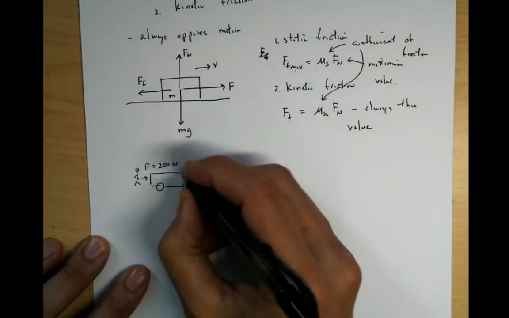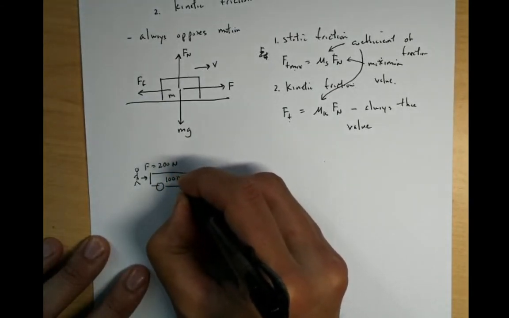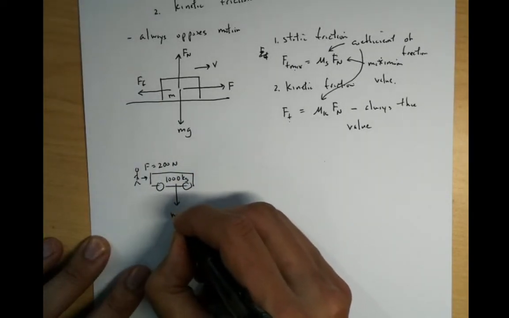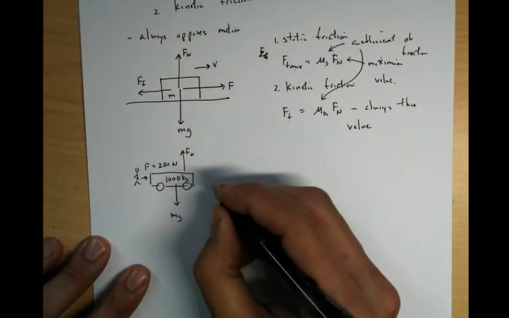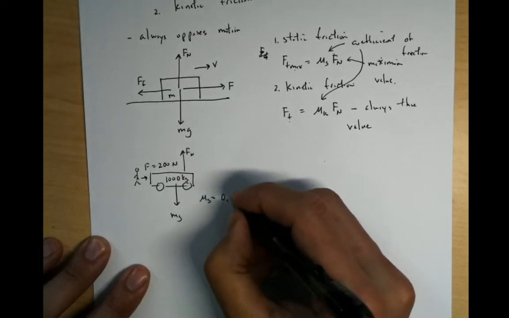The car itself is about 1,000 kilograms, so mg is on it, and F_n. The car is not moving, and let's suppose the coefficient of static friction is maybe 0.8.